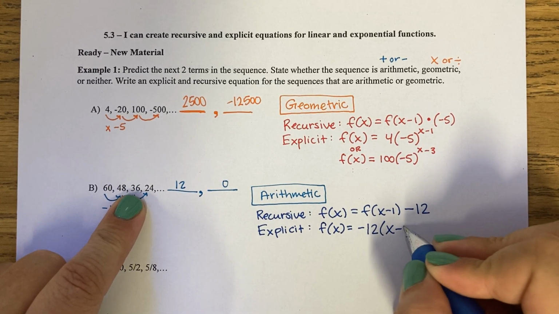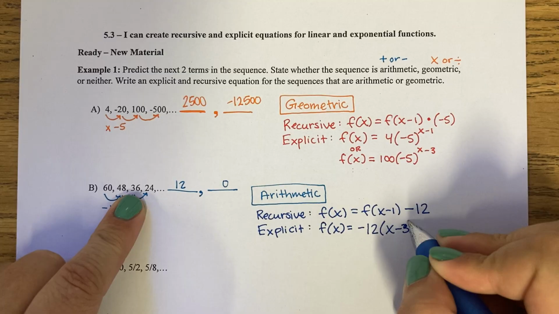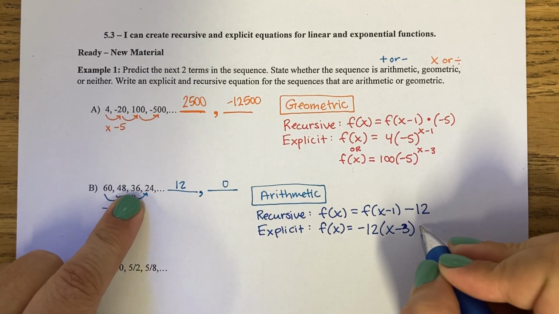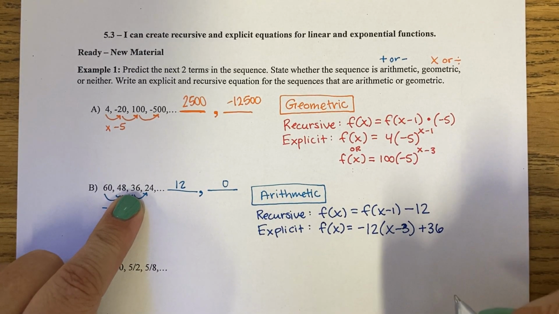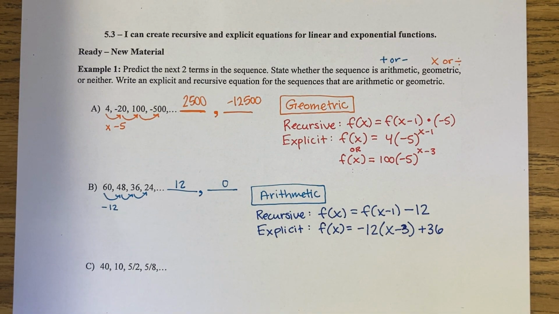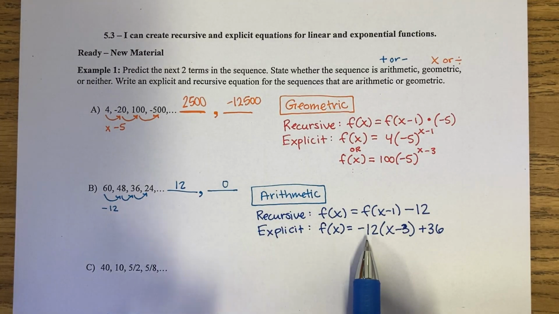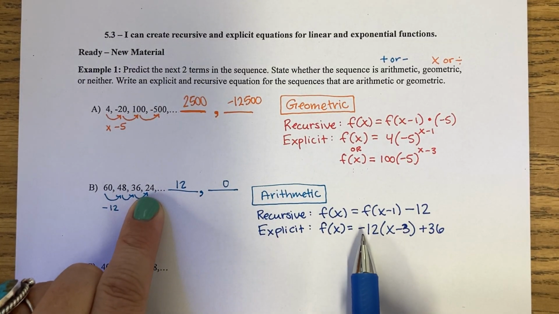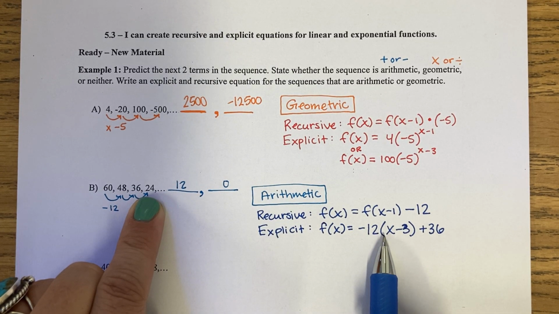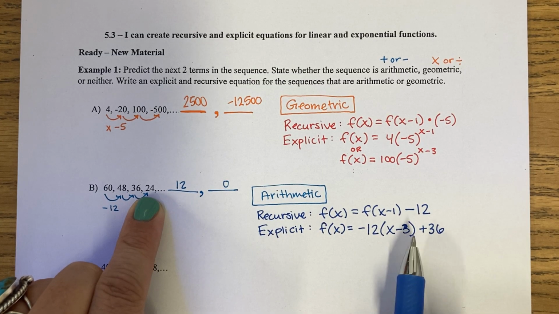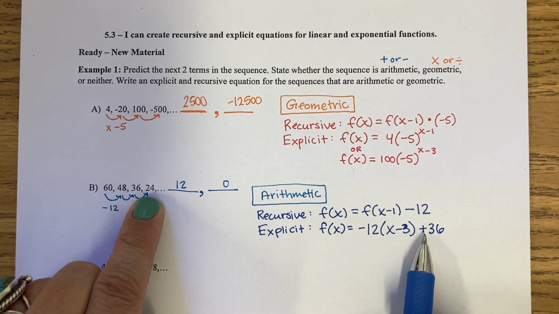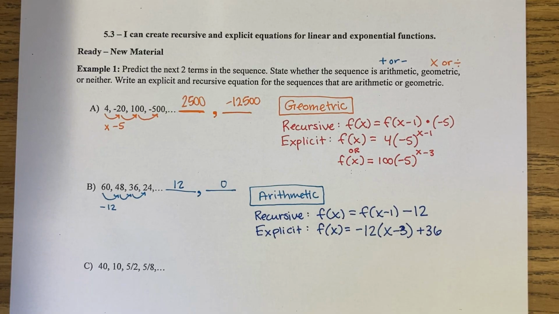So I'd write x minus 3. And at the end, it's a positive 36. That's point slope form. So let's say I picked the 24. I would have done negative 12 parenthesis x minus 4 because it's the fourth term. And then this would be a plus 24 at the end.